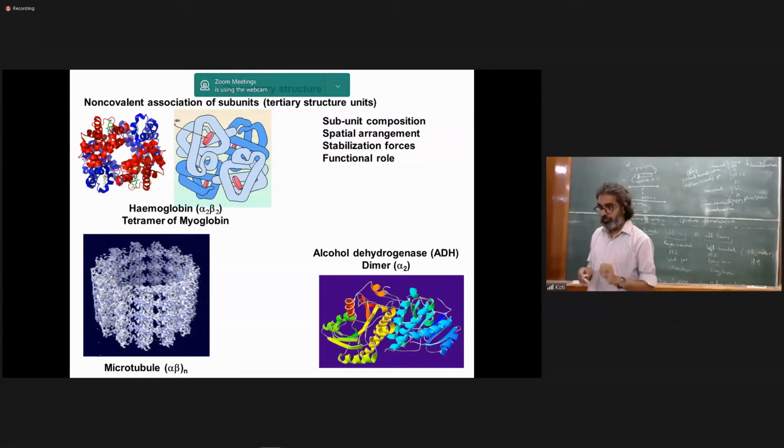One more example, shown at the left bottom, is the microtubule. Microtubules are polymeric, filamentous proteins, which are part of the cytoskeletal elements I discussed: intermediate filaments, microtubules, and actin filaments. Microtubules are a much larger assembly, so you can't really fix a number.